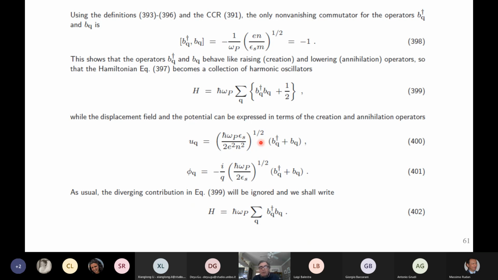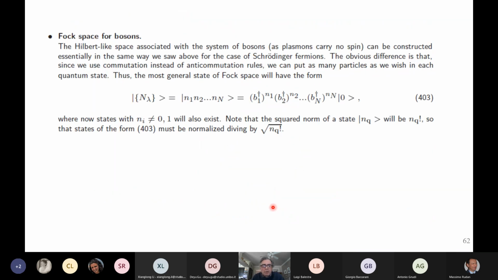So exactly the same form as we had for the electrons, except that now these B's and B daggers obey canonical commutation rules rather than anti-commutation rules. What is the Fock space for these objects now?